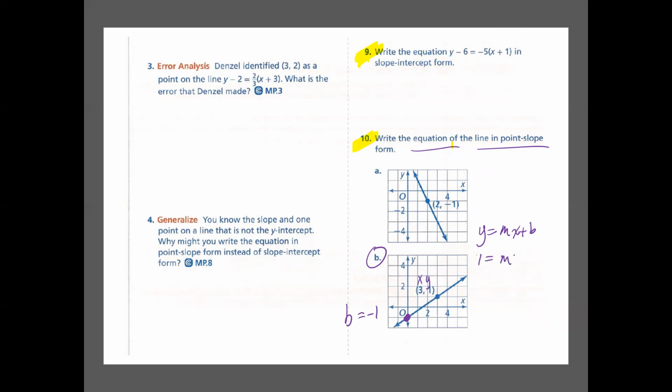M is missing. X is a 3. And my b is negative 1. So instead of finding the b, I'm now finding the m. Add the 1 on both sides. 1 plus 1 is a 2. Divided by 3. M is a 2 over 3.